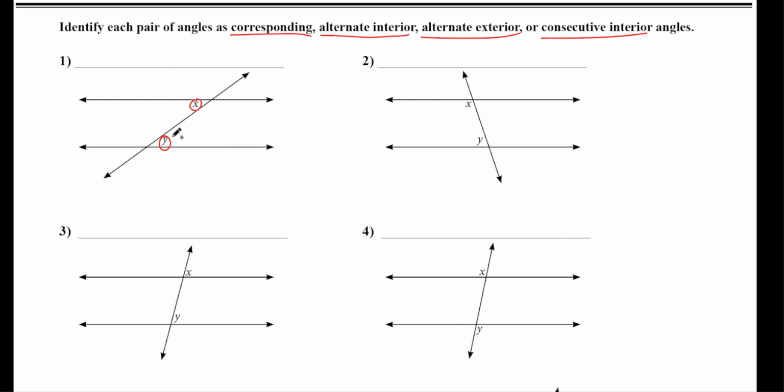Between these 2 lines, those are my interior angles. One's up here, one's in a completely different spot. That's the alternate. Alternate means they're in completely different spots, but they're both interior angles. So this would be alternate interior angles. So we write that. I'll just shorthand it. Alternate interior angles.